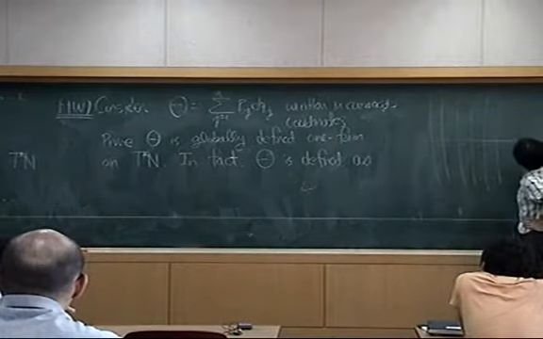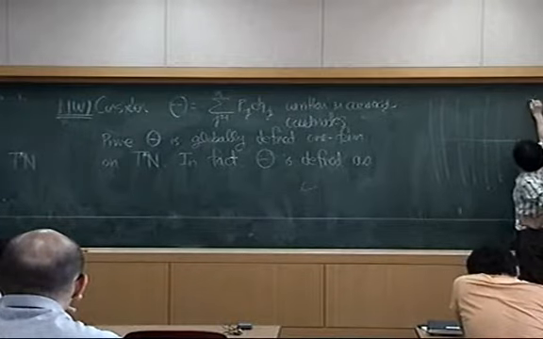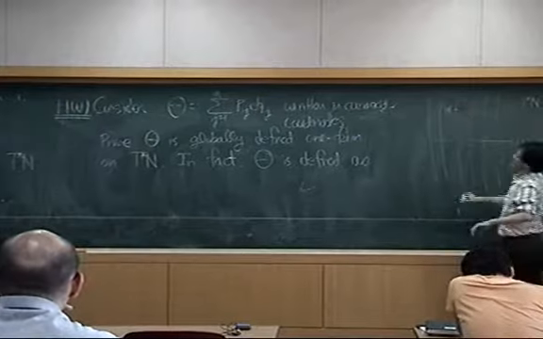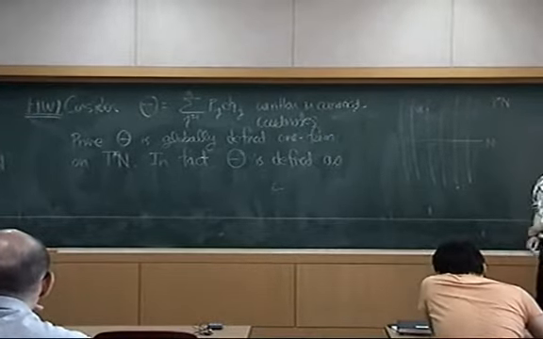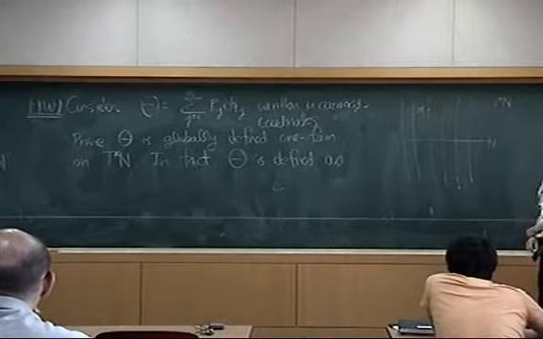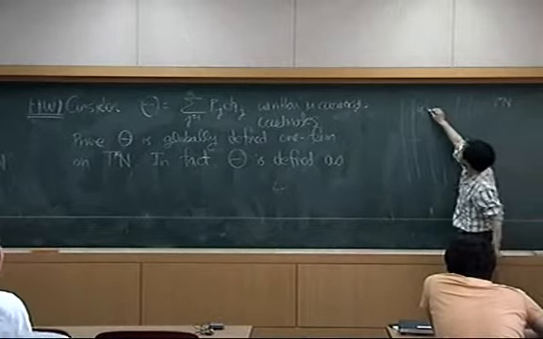So here is N. Here is the cotangent bundle. So here is a point alpha. By definition, a one-form should be a linear functional on the tangent space here, right?